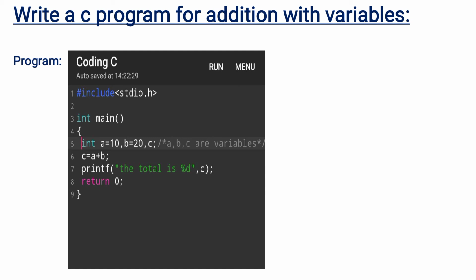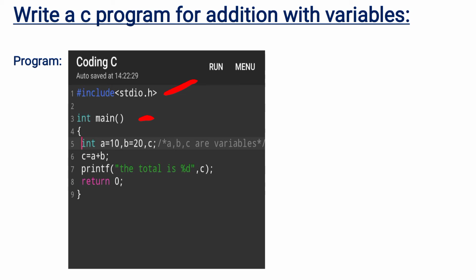Okay. In this program, #include <stdio.h>. This is the stdio.h header file. We are going to link it with our program. Next is int main. The program execution starts here, opening brace. In the next line, int a equals 10, comma b equals 20, comma c semicolon.